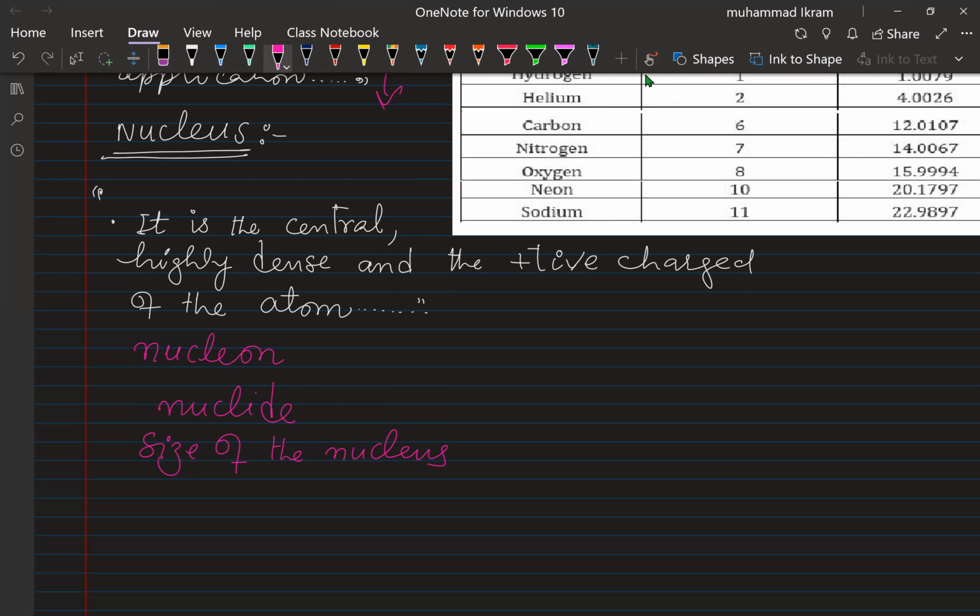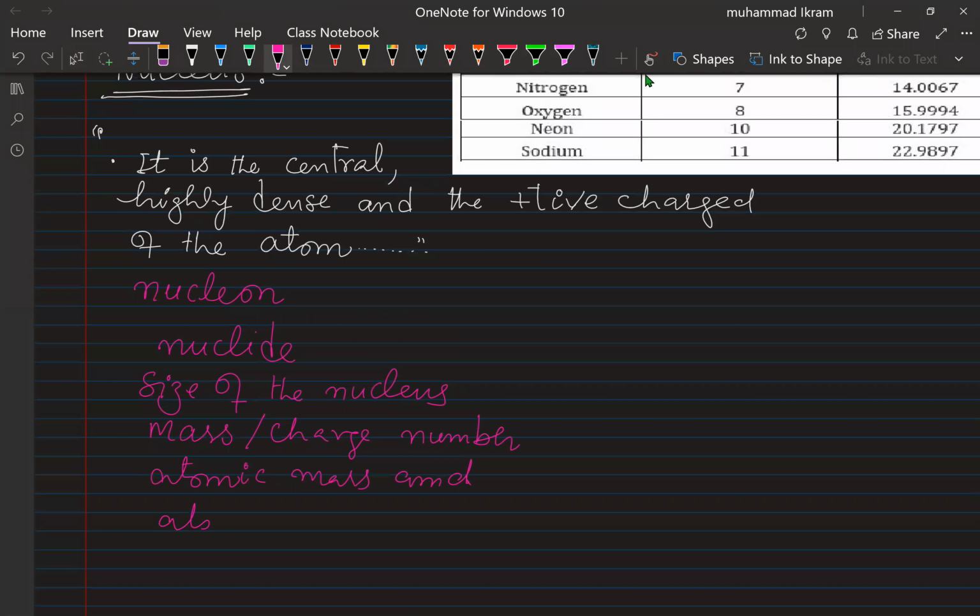The mass and charge number, atomic mass, and atomic mass unit, AMU. This is what I will explain to you here.